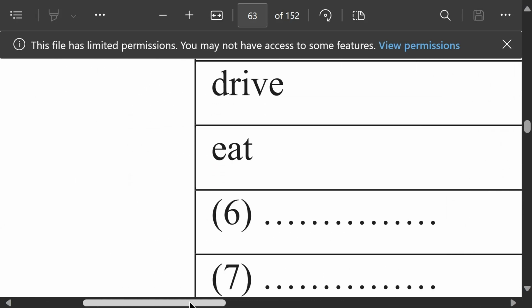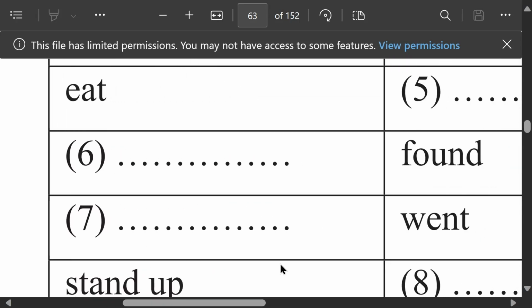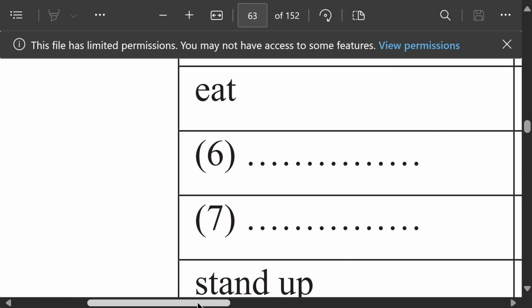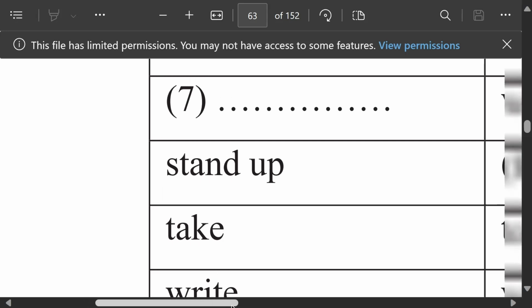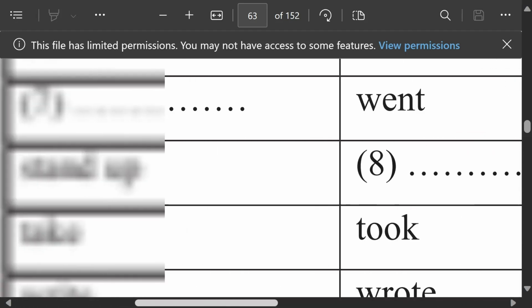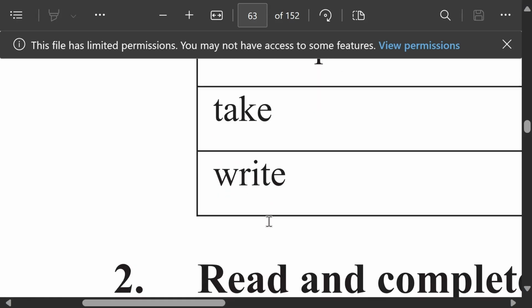Find, found, found. Go, went, gone. Easy. Stand up, stood up, stood up. Take, took, taken.